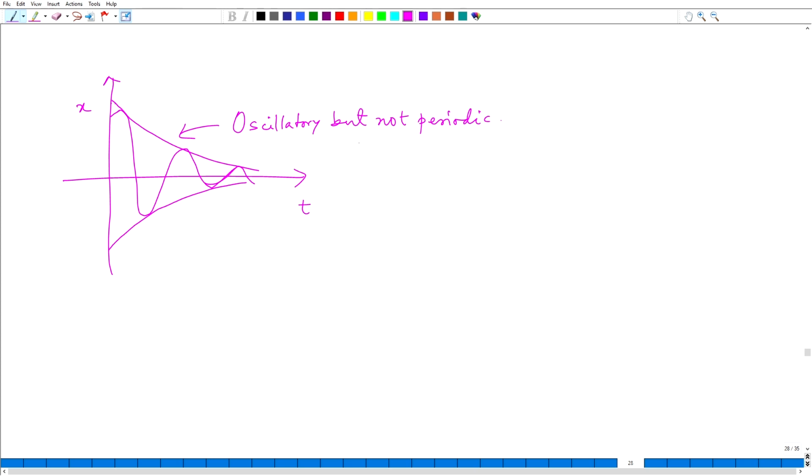So, this is known as the case of the underdamped oscillator. This is possible when lambda is less than omega 0. That means your medium has some viscosity, but the viscosity related frequency is less than the natural frequency. Then you still have a possibility of oscillation, but it is not a periodic oscillation.